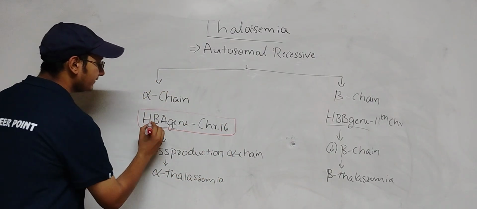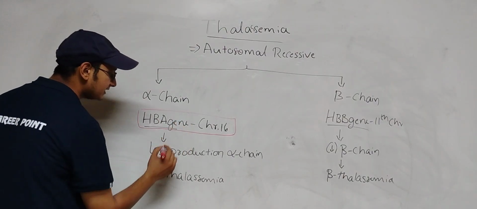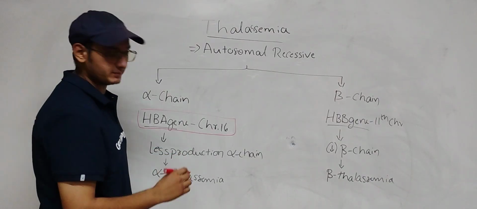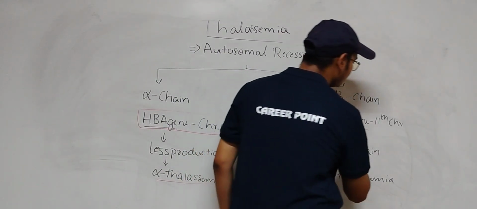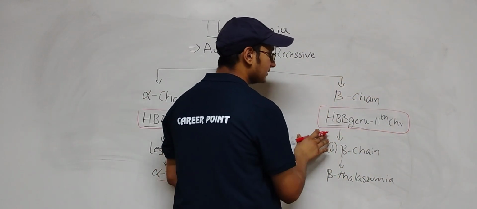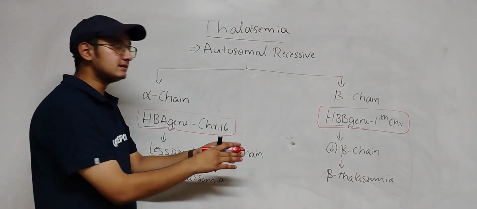When there is a mutation in this gene, it leads to less production of alpha chain, and it leads to alpha thalassemia. The beta chain is controlled by the HBB gene, present in the 11th chromosome, and here the beta chain production is reduced and it forms beta thalassemia.